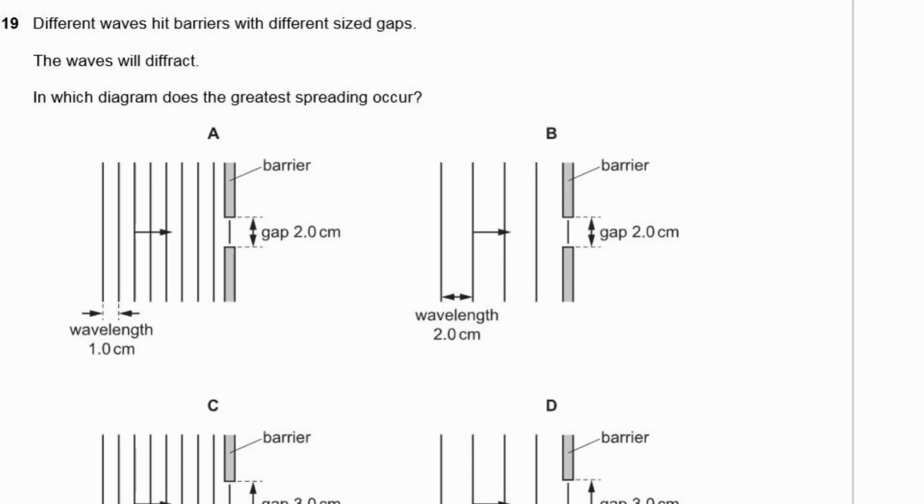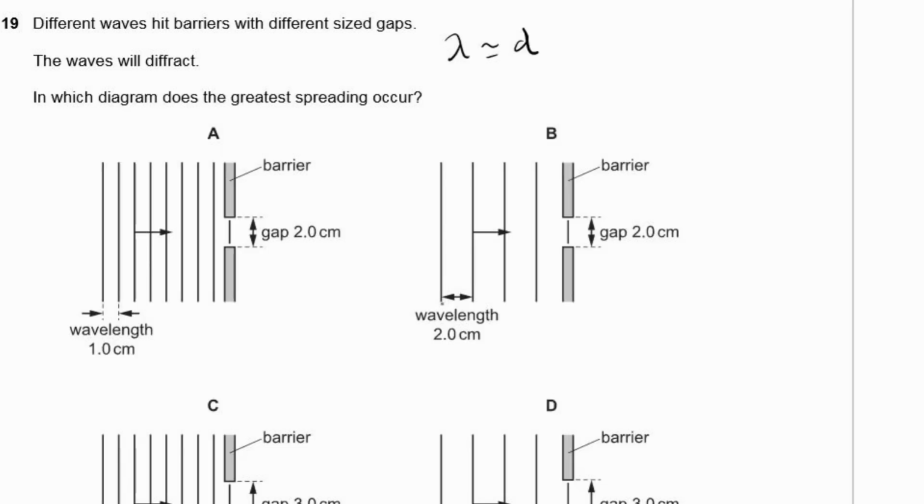Different waves hit barriers with different sized gaps. The waves will diffract. In which diagram does the greatest spreading occur? Okay, we're talking about diffraction. Diffraction is biggest when the wavelength is very close to the size of the gap. So if we look at A, it's wavelength 1, gap 2.